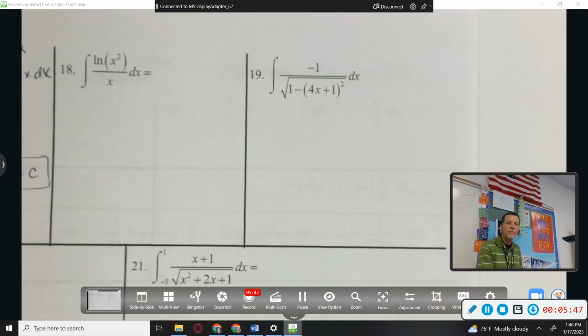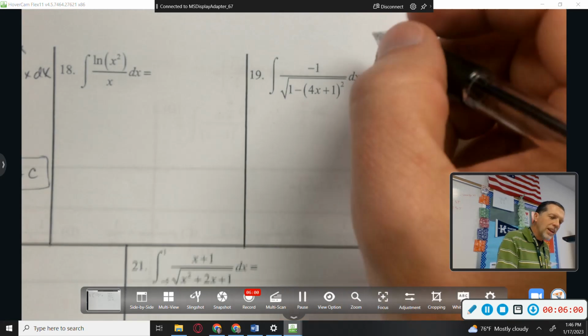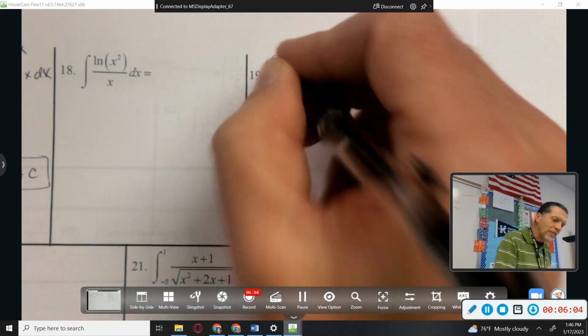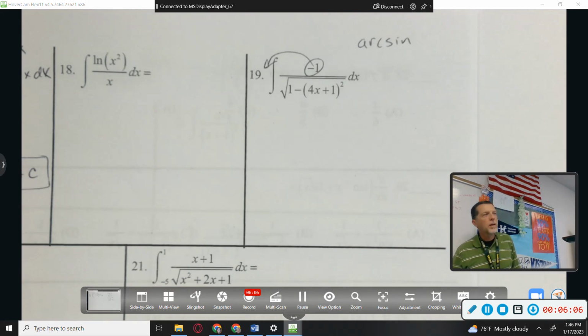All right, 19. What does 19 look like? Do you recognize what's going on? It looks like arc sine. Looks like arc sine. Yes. No, there's a negative 1. Yeah, but you know how to fix the negative. Okay, yeah, true. Just take it out front. Cosecant has the absolute value of x out there, so it's not that.